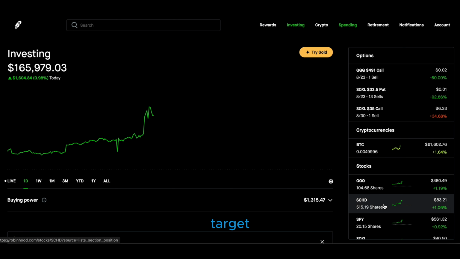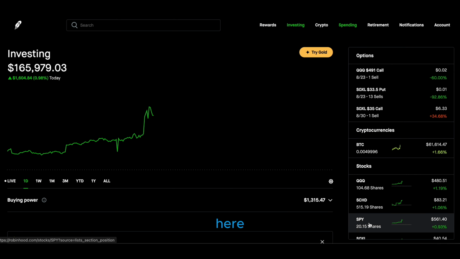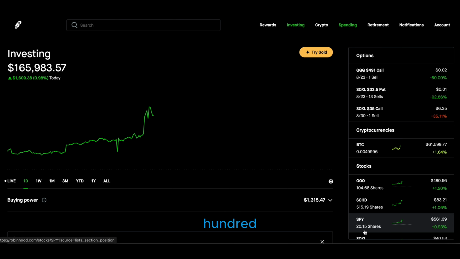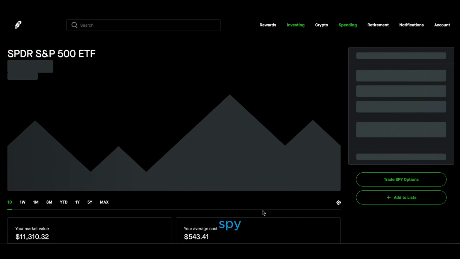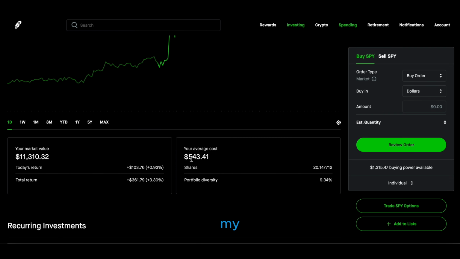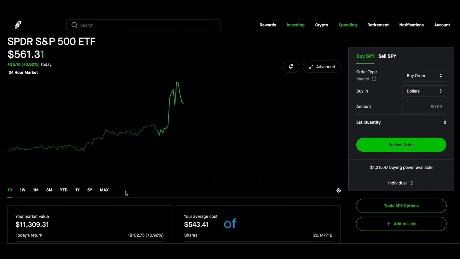But first, my goal here is to get to 100 shares of SPY. Currently I have 20.15 shares of SPY, and my average cost is 543, which is in line with the current market value, just above 3.3% of what I have invested.